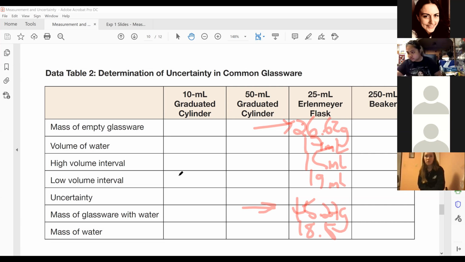So do we record the weight of what it weighed on the scale anywhere on our paper? Mass of glassware with water. It's right here. Oh, I see. Okay. So then the difference is the actual water itself.